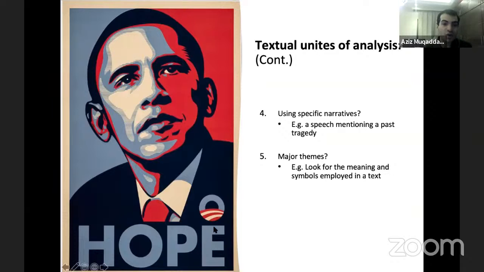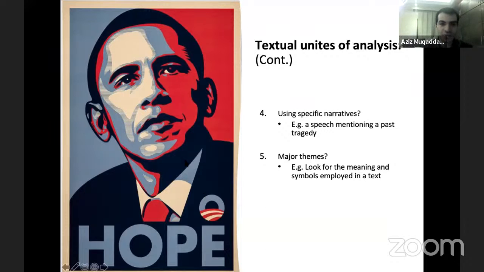And you can go even deeper than that and look for major themes. That is to say, you look for meaning and symbols employed in a text. So what is that poster, that article, that speech trying to say?